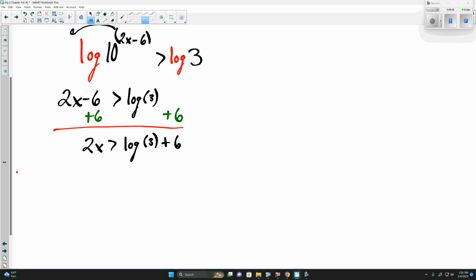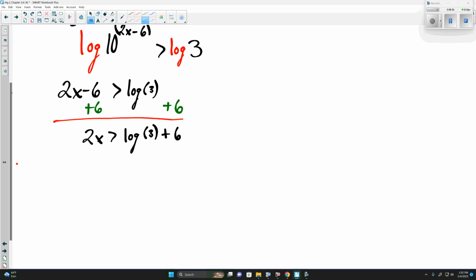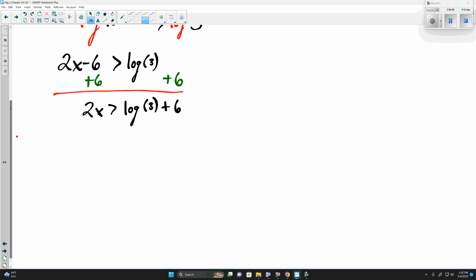So if log of 3 had simplified to a nice number, anything that does not have a non-repeating, non-terminating decimal, go on and do it. But here, log of 3 is not going to be a nice number. So we'd add 6 and then divide by 2. x is greater than log of 3 plus 6, all divided by 2.